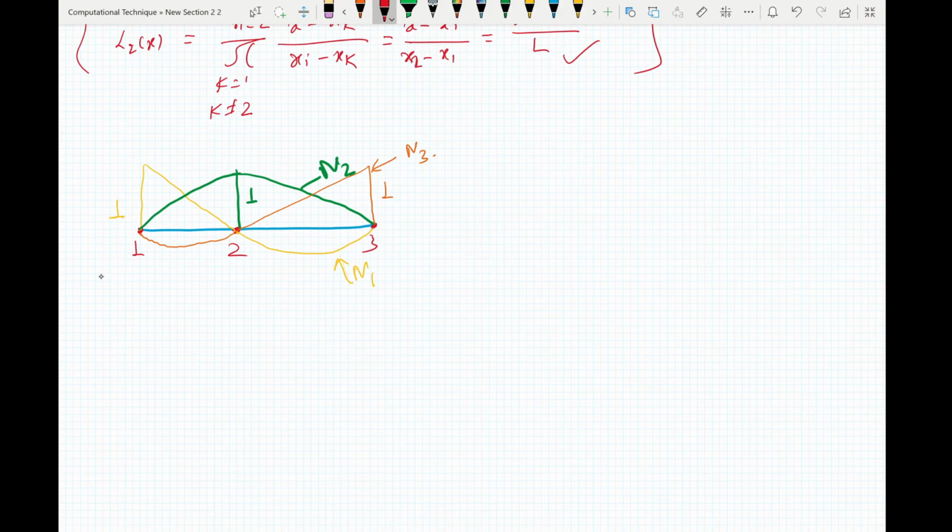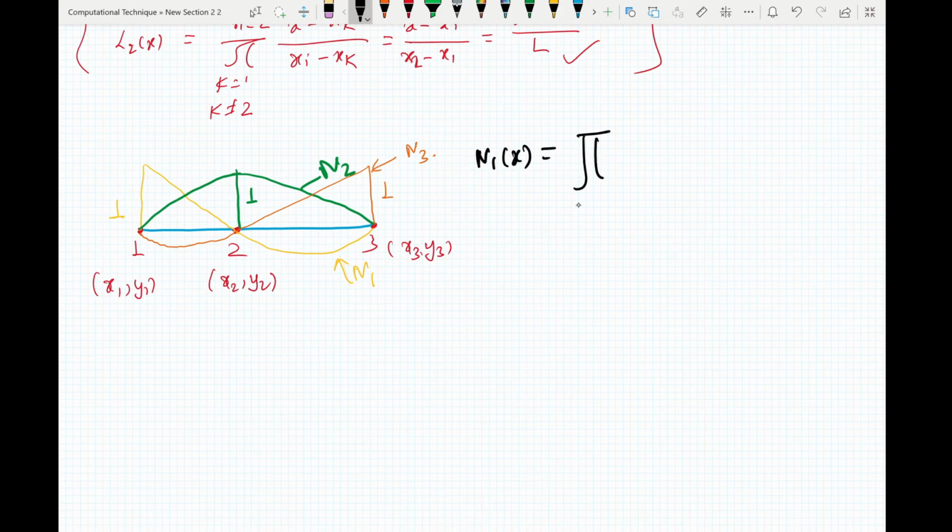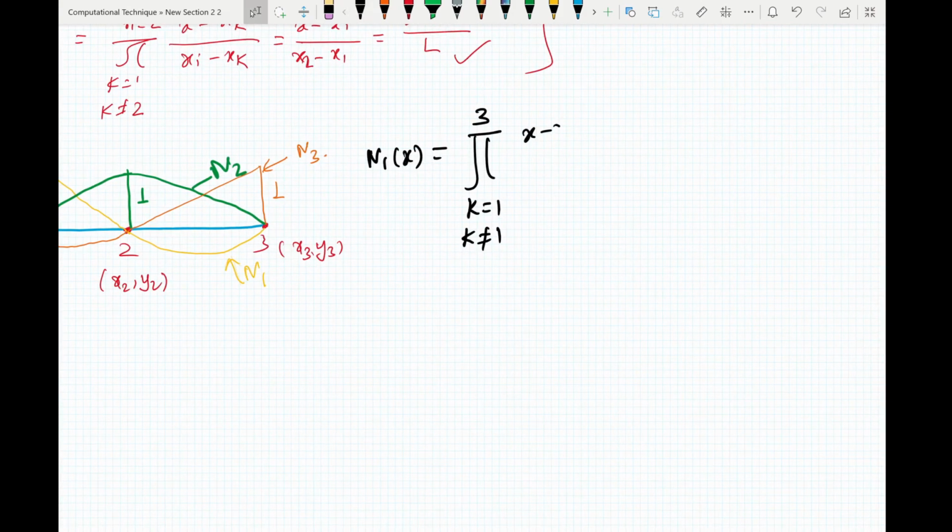Now the coordinates for these nodes will be x1 y1, x2 y2, and x3 y3. If you want to find the equation for this, what you can do is write n1 as a function of x, equal to the product of k equals 1 to k equals 3, and k cannot be equal to 1 here, of (x minus xk) over (x1 minus xk).